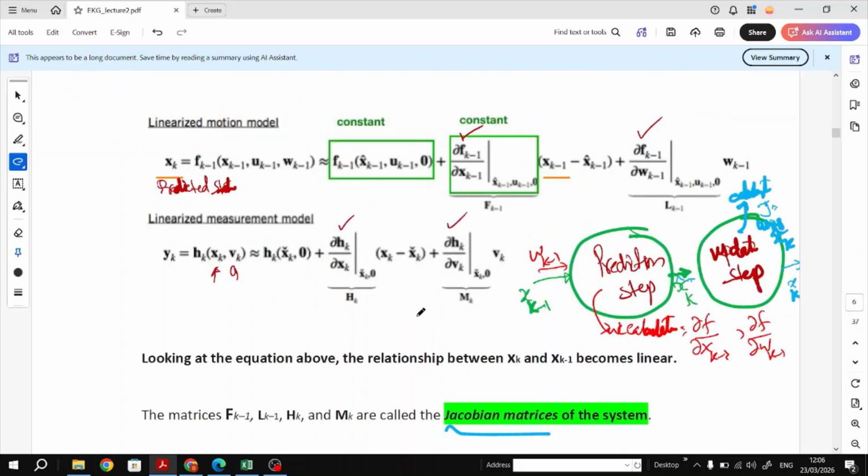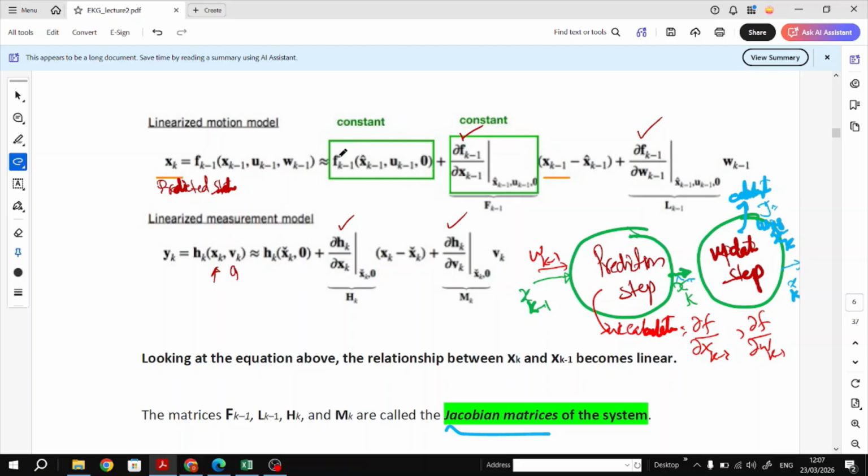How will it look? This is our nonlinear function. If we linearize it at some state and also at some control input, we get this linearized model.